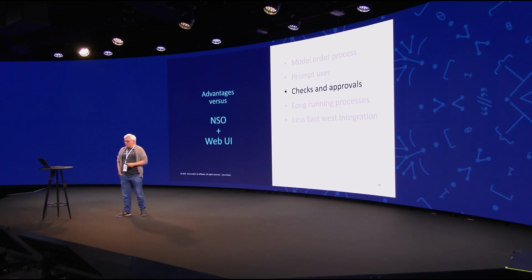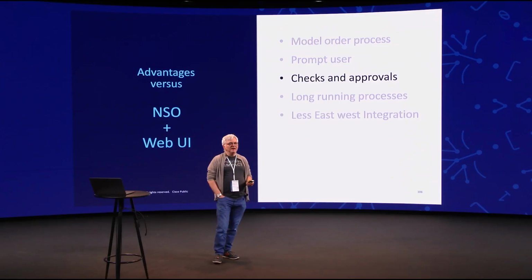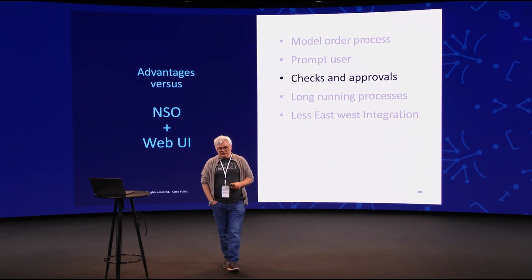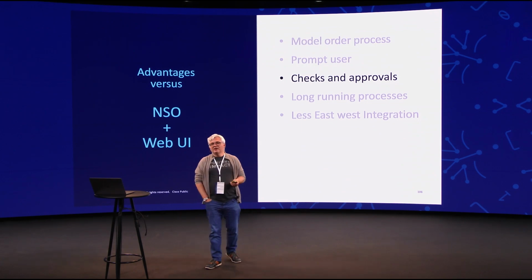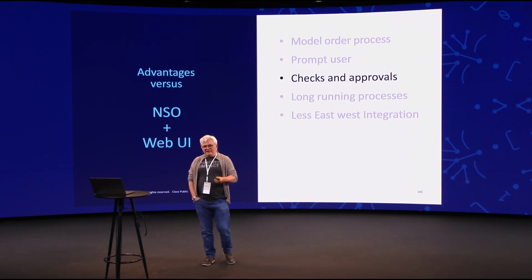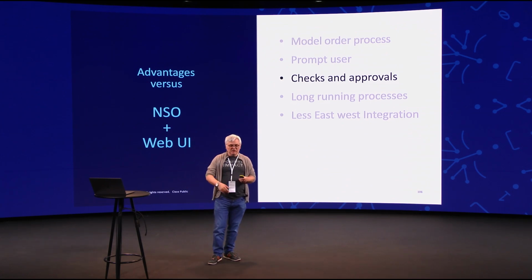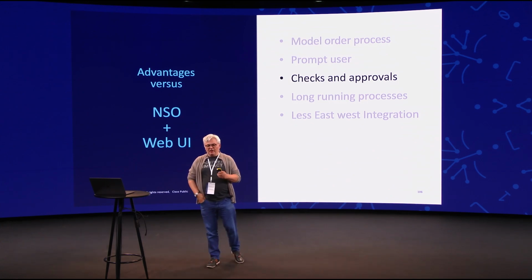It's natural to do checks and approvals in a workflow engine. A very simple thing is, I want a second person to look at a deletion. So I set up a deletion, and I need a second person to check that that deletion is okay.